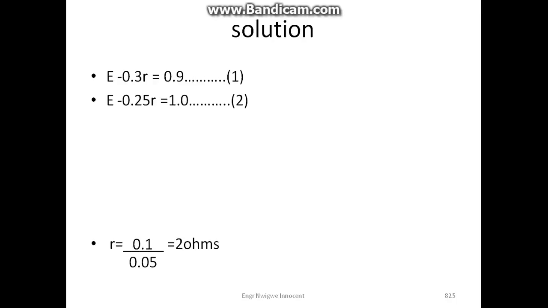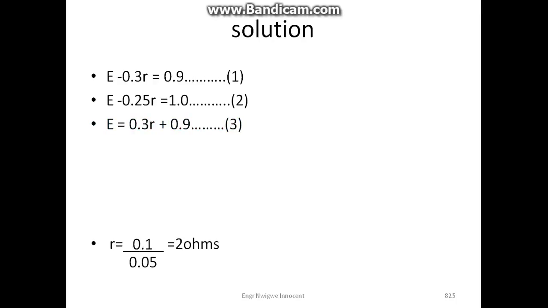For the second circuit, we have capital E minus 0.25 times small r equals 1.0 for the capital V, which is our equation 2.